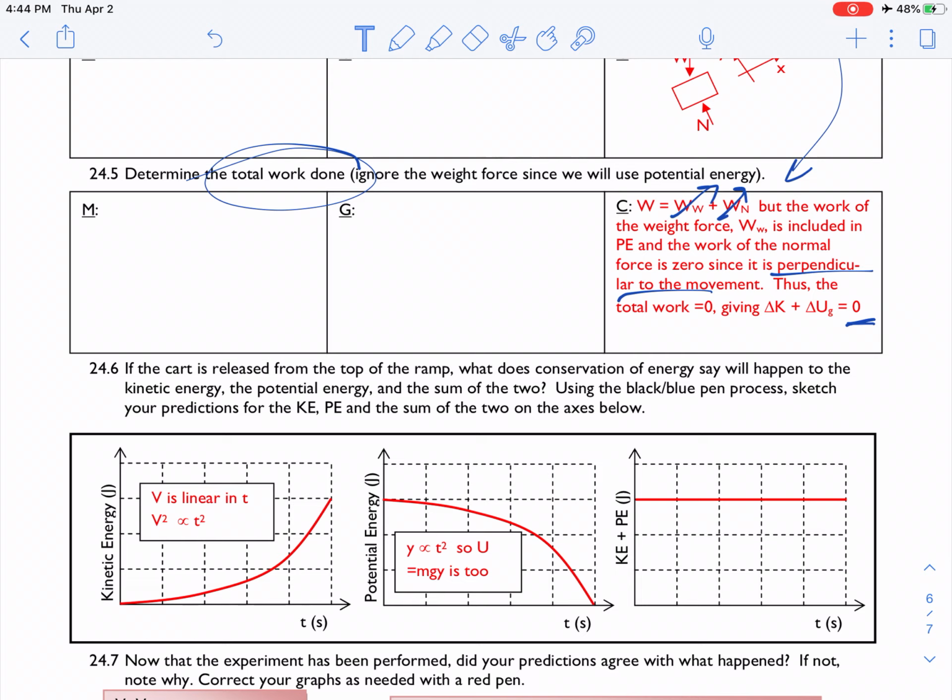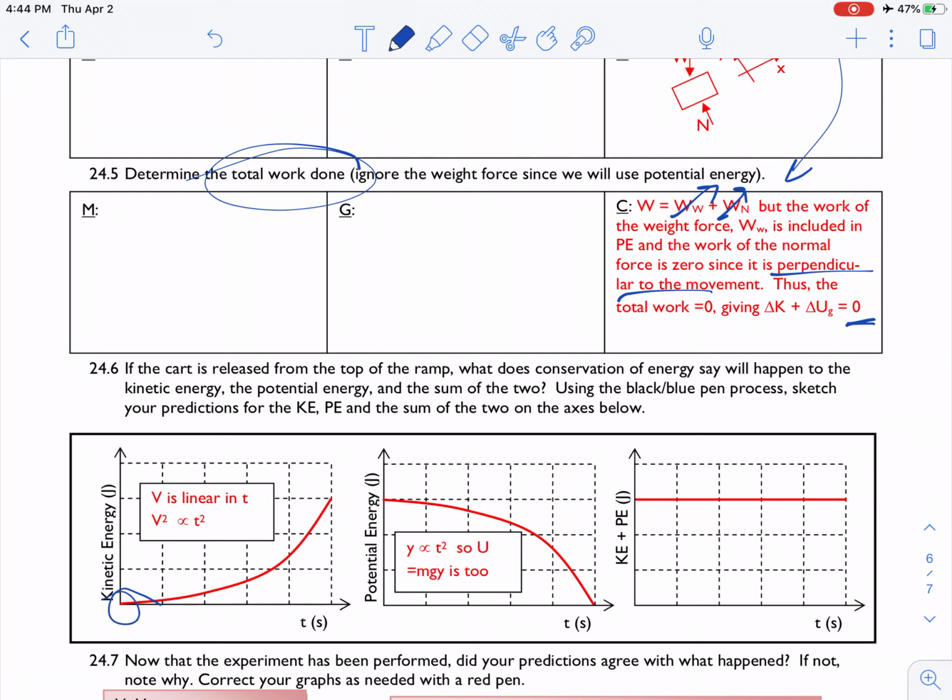Okay, so then we are working on the plots, and we're going to think about individually what happens to kinetic energy and what happens to potential energy, and then what happens to the addition of those two. Initially kinetic energy starts from 0 because the cart starts sliding down, V is 0.